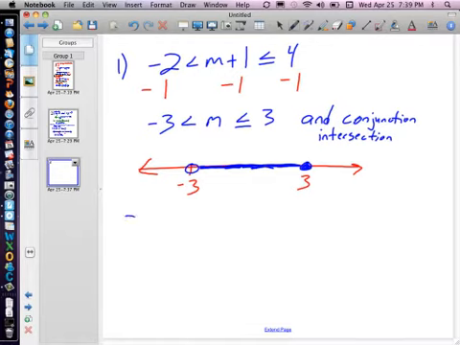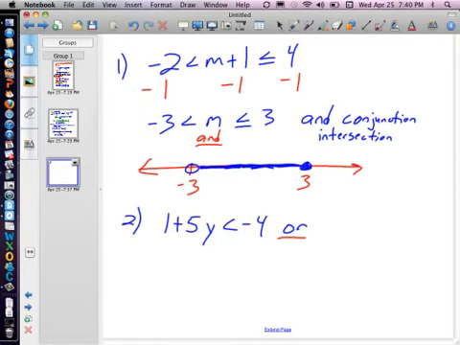Let's throw up a different example. Let's do 1 plus 5y is less than -5... or, remember that word, I'm going to underline it, or. When you have a combined inequality, like the one above, this is like an AND statement.